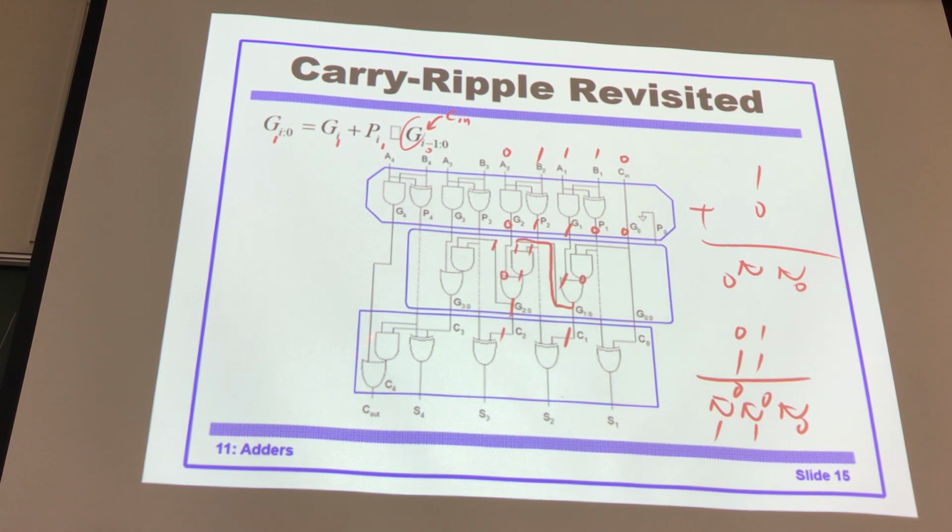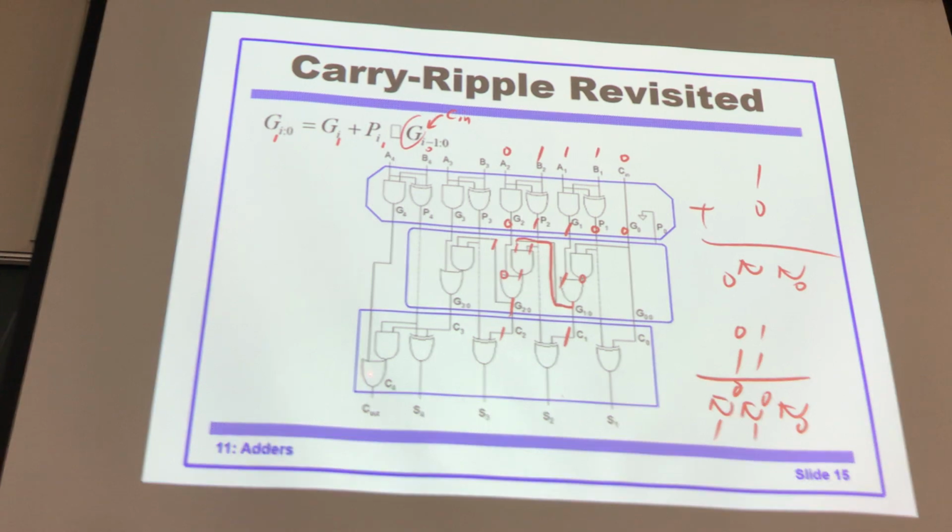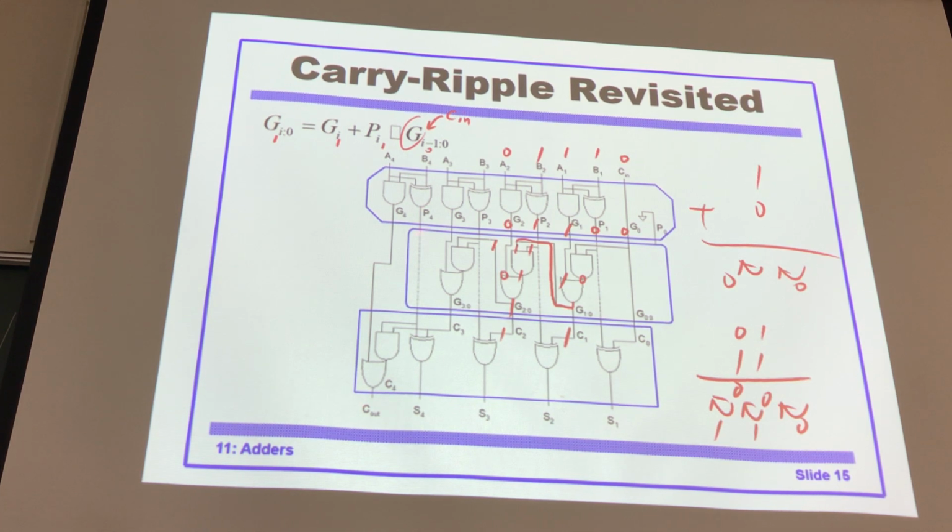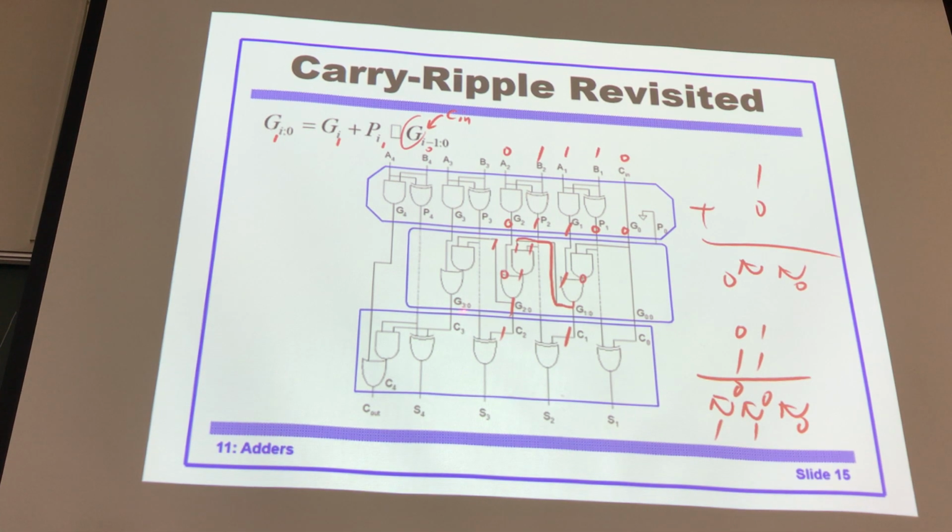And this is the last bit, the most significant bit, the high order bit. This can actually be drawn here. We try to draw down here, but it's the same. The leftmost bit position, A4, B4. Again, either you carry generate or you carry propagate, and there's a carry in, the C3 or G[3:0].